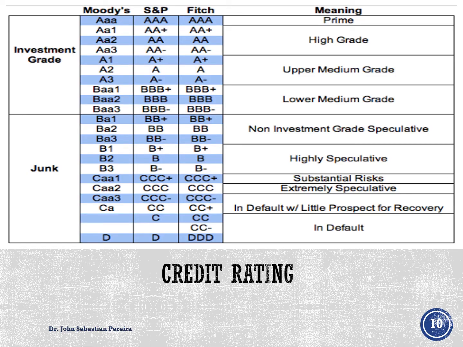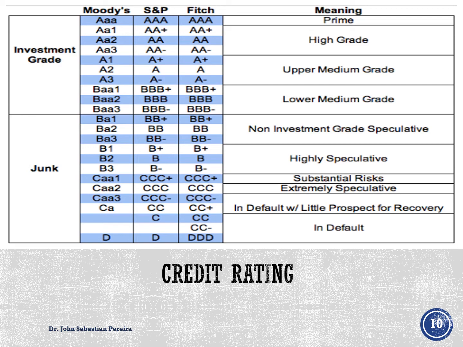This gives a snapshot of the way the three rating agencies grade organizations and governments globally. Anything over BBB is considered investment grade, and anything below that is considered speculative or junk category. Junk bonds are bonds which have a higher probability of default of the underlying issuer.